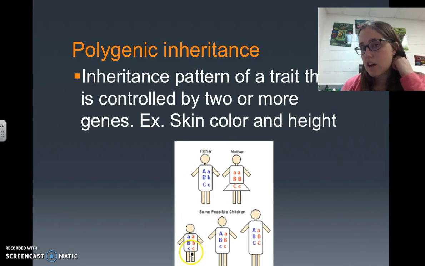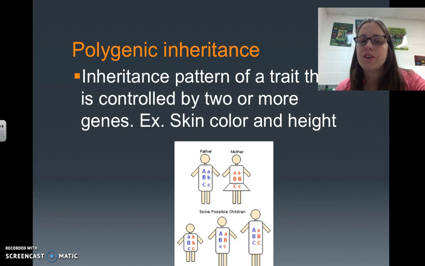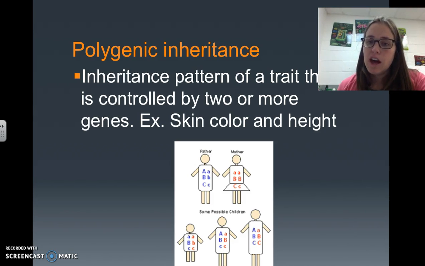So in that, they ended up very short. But there's also this one where this one ended up very tall. Got a big A from dad, a little a from mom, two big B's, one from mom, one from dad, and two big C's, one from mom, one from dad, and ends up very tall by comparison to his siblings. So that's how you can get multiple different variations of a specific trait just through genes, usually through polygenic inheritance.